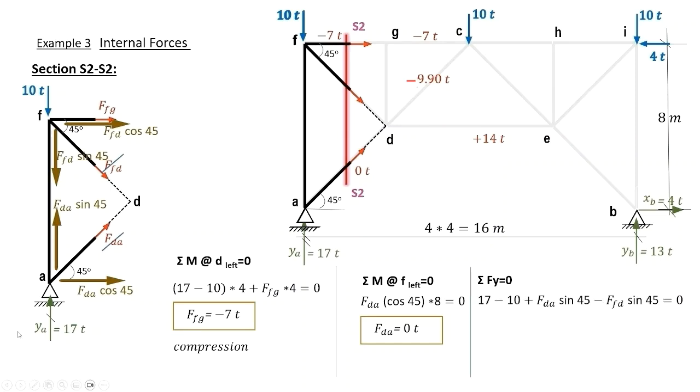So we have the equation 17 minus 10, those are the external forces, plus FDA sine 45, which was previously computed to be 0, of course, and the component of FD heading downwards in the y direction and having a negative sign. This is the only unknown in the equation. So we have the force in FD equals 9.9 tons and is plotted on our diagram here.